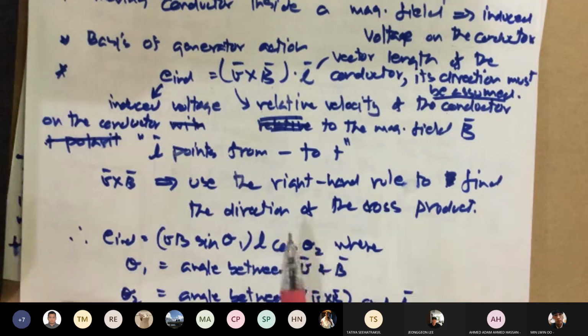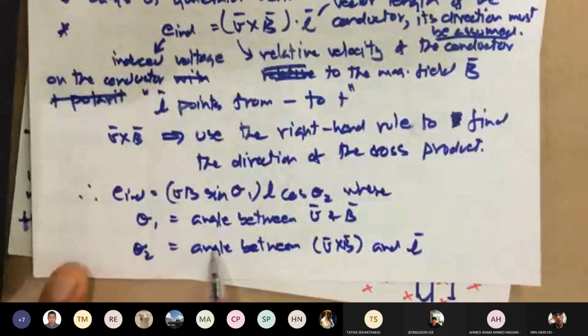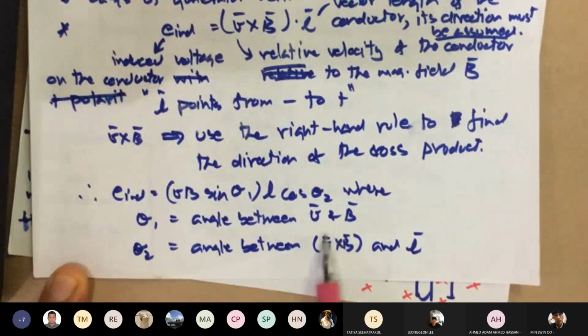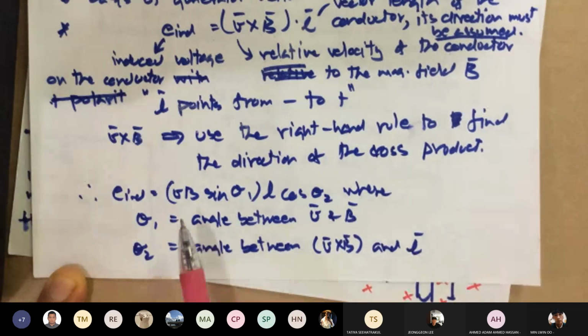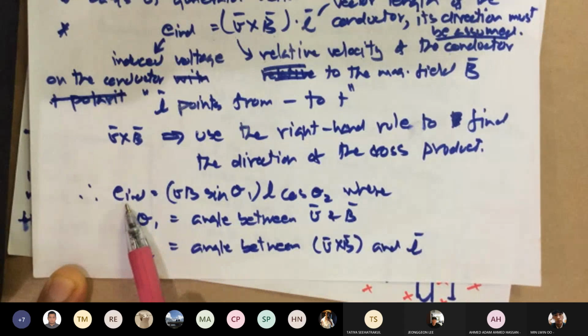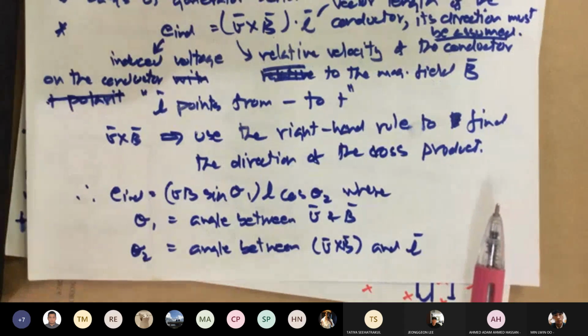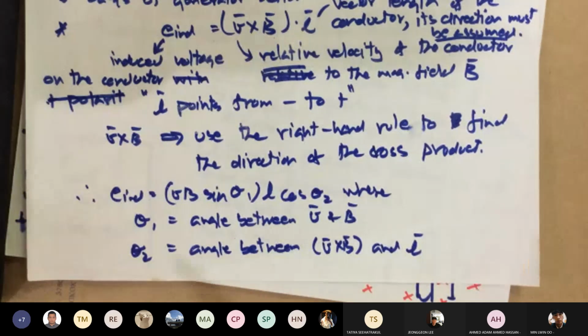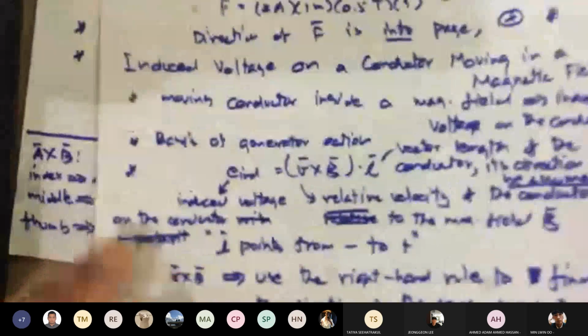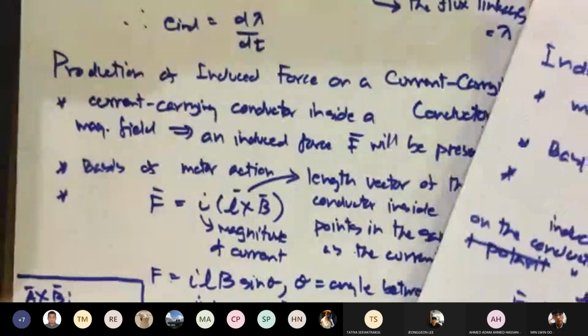What is theta 2? Theta 2 is the angle between the cross product of v cross B, which is another vector, and vector L. So you need two angles to determine the induced voltage. Now let's give you a more numerical example, I guess.